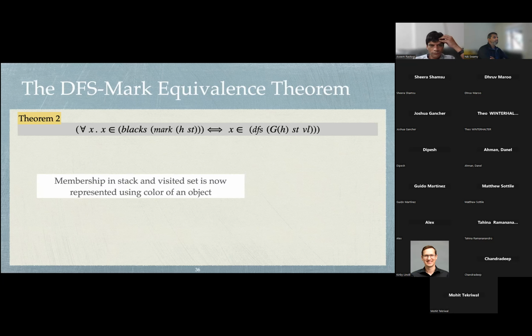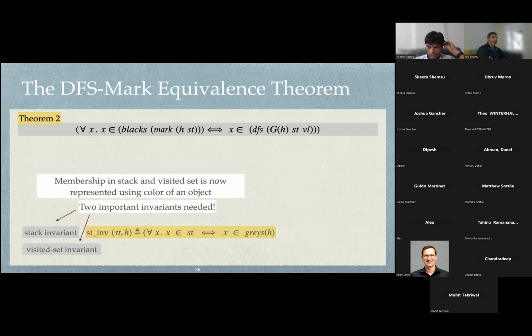So this theorem is very important. Now, in order to make this proof, we need to tie up something. There is a membership check happening in DFS on the stack and visited set, whereas a color check happens for mark. So we need to dig up two important invariants.